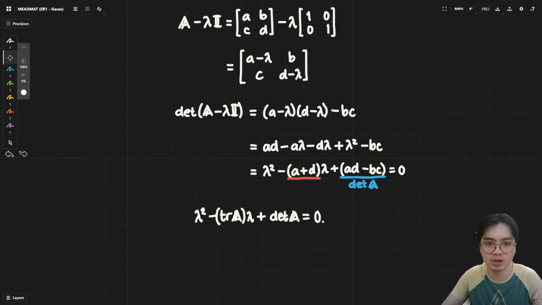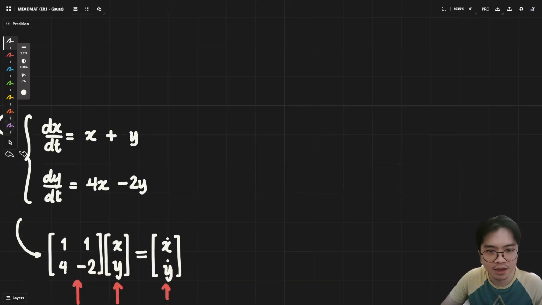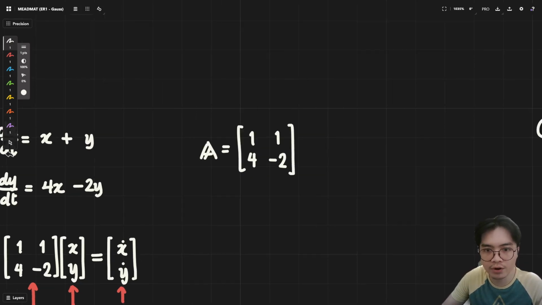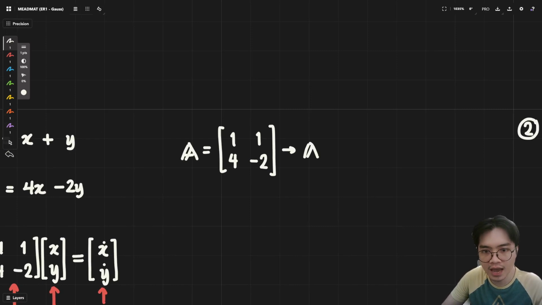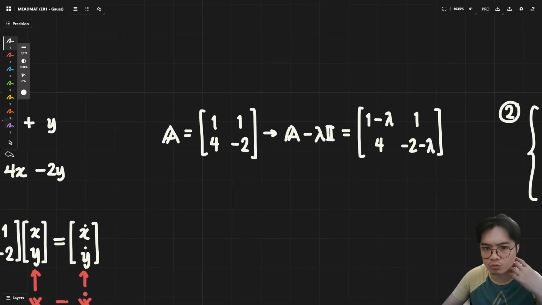Let's test this out. If our A is 1, 1, 4, negative 2, then A minus lambda I is 1 minus lambda, 1, 4, negative 2 minus lambda. We don't have to go through all that work.